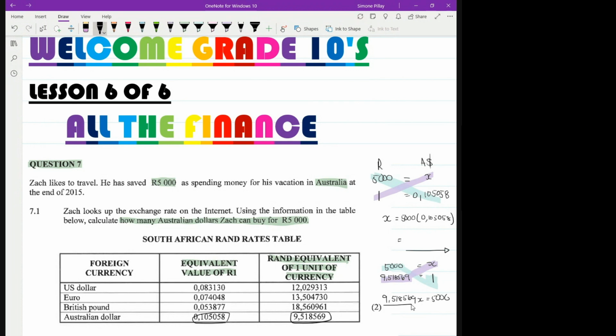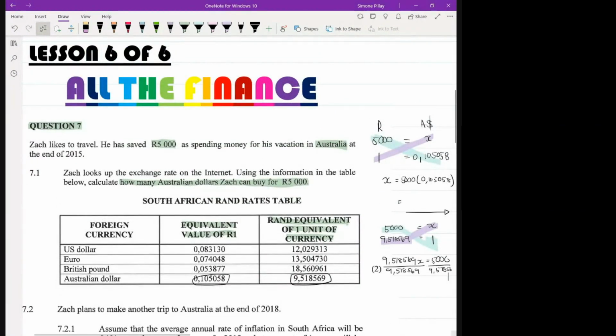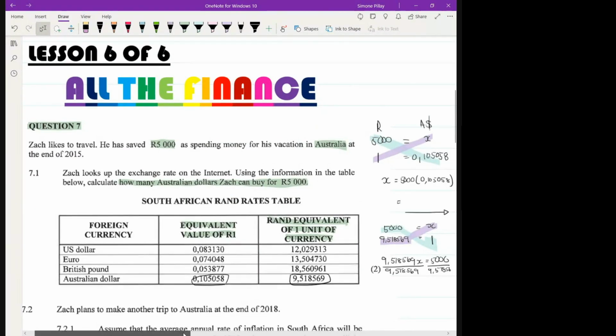To get x by itself, we divide by 9,518569, and I have to divide by the same thing on the other side. Oh, I almost fit it in. Let's try this again. There we go. I've given myself a little bit more space, but it's still not going to work.